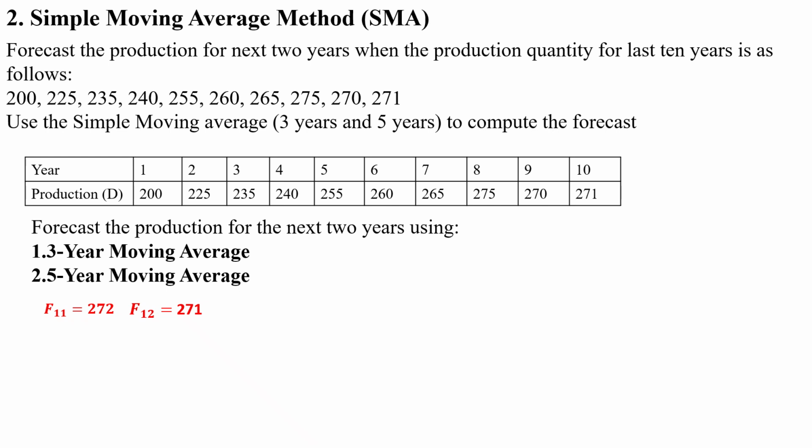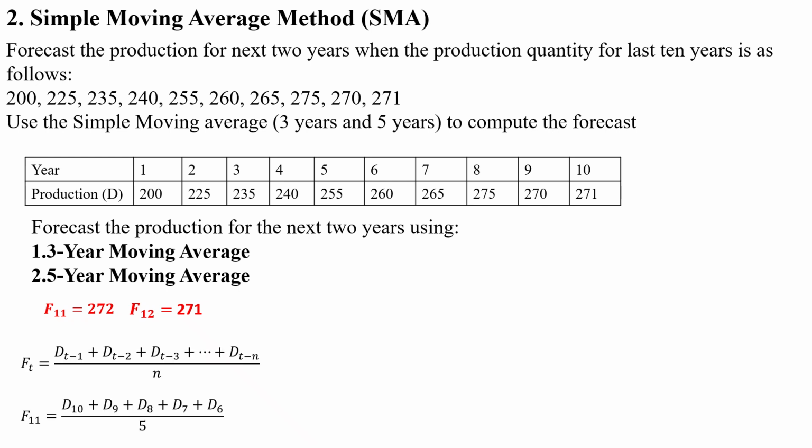Now, with the same procedure, we have to calculate the forecasted value of the 11th year and 12th year by using the 5-year moving average. First we calculate the 11th year. We have to consider the last 5 years data: D10, D9, D8, D7 and D6.